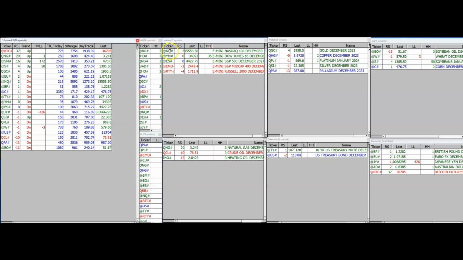As far as higher highs and lower lows, soybean meal, soybean, and the YM. So soybean meal made a 172-day high, soybean a 50-day high, and YM a 35-day high. So something's going on in these markets. We know that markets just went crazy in the last rally.